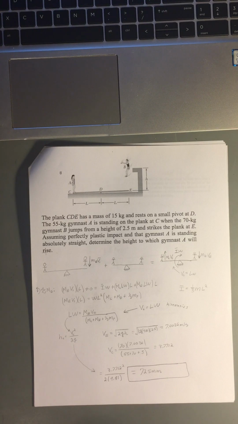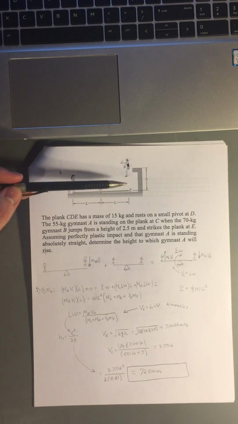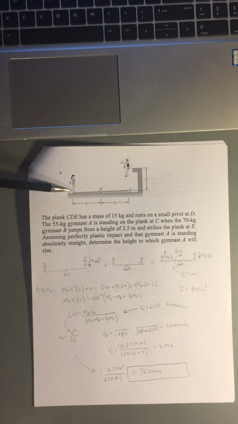Okay, so this is the 8th problem for the Chapter 17 homework assignment, which is the last homework problem for this set. In this problem, we have another problem that deals with momentum and impulse. And so we basically have this balance beam here that's on this pivot at D, and this gymnast here jumps from a height h and is going to launch gymnast A into the air.